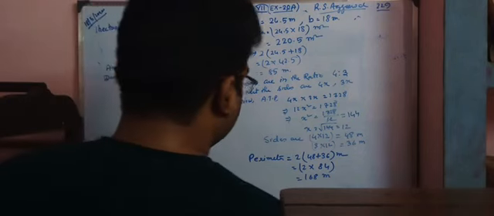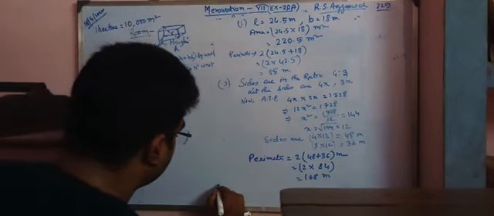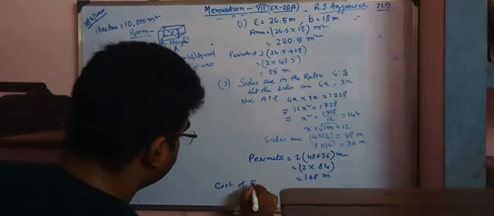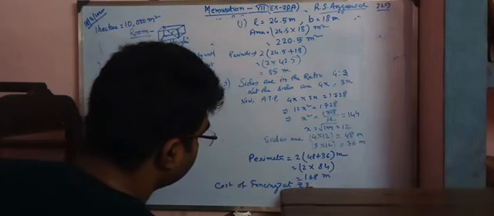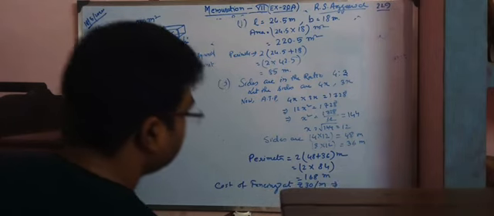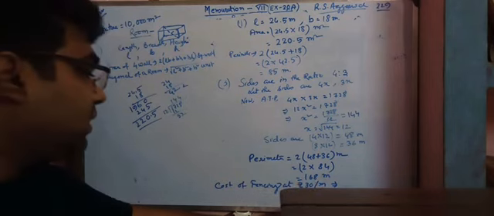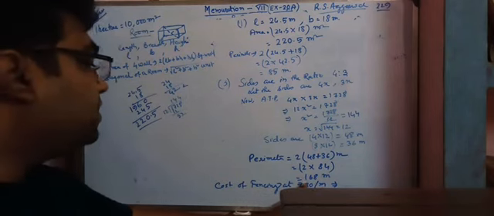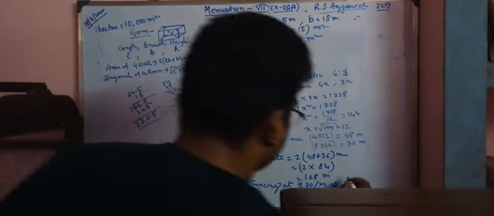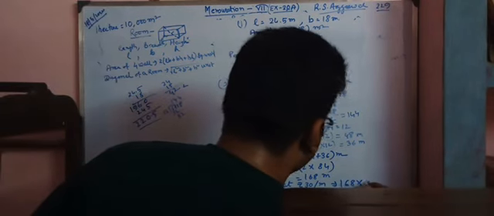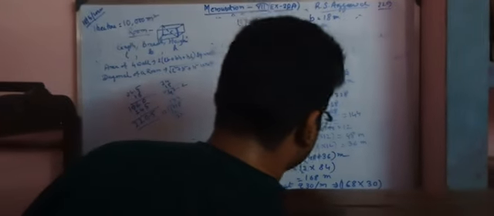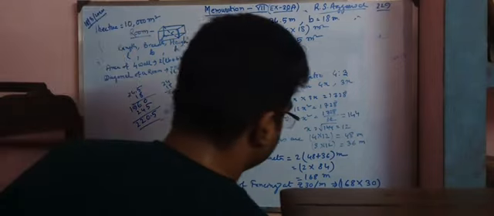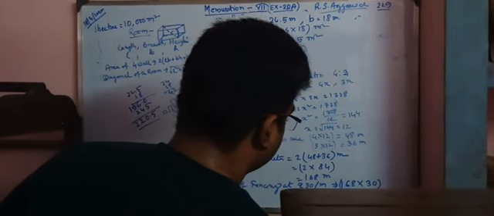So the cost of fencing at rupees 30 per meter is equal to, in 1 meter the cost is 30 rupees. For 168 meter the cost would be 168 into 30. This is the total, rupees 5040.